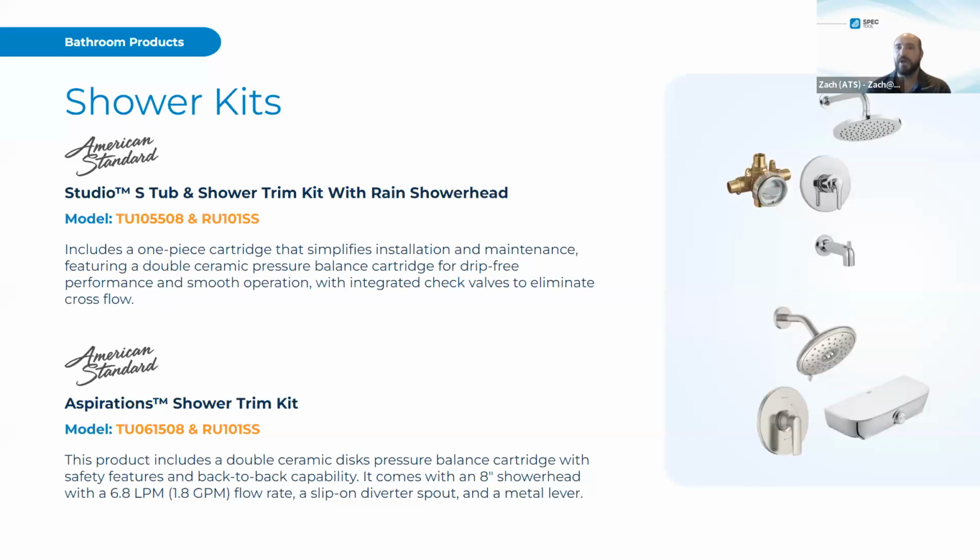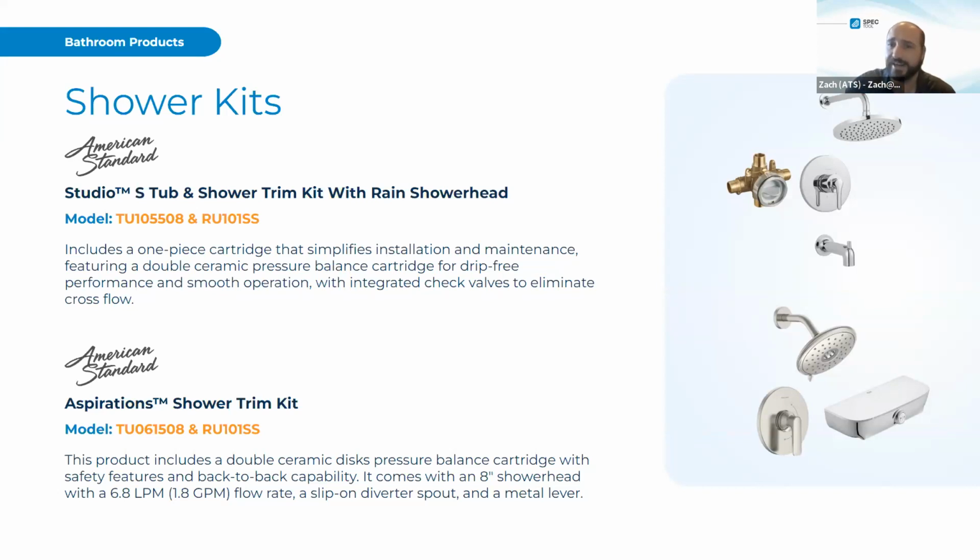There's a lot more finishes available as well. We're showing the chrome and the brushed nickel here, but there's the matte black trim. There's some oil rubbed bronze trims, a wide variety of options. And again, to me, the important part is the consistency of the valve plus trim package.